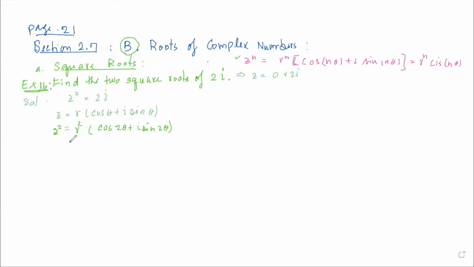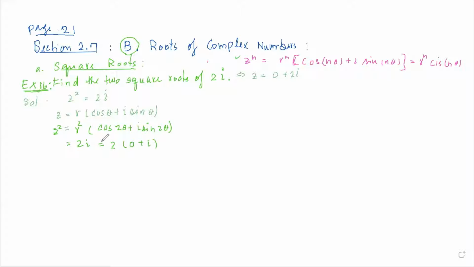At the same time, we know z squared equals 2i, which we can write as 2 times (0 plus i). Because when you multiply in, this becomes 0 and this one 2i, still the same value.